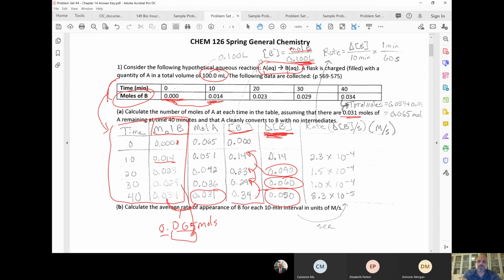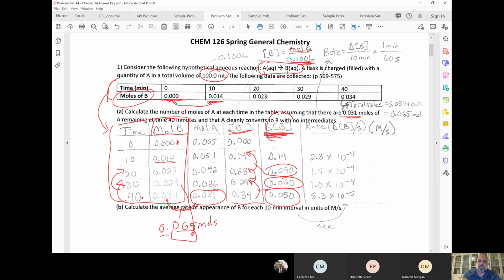Now that we have concentration, we can just do the calculation. We know that in between every single step, as we calculated before, we have a change of 10 minutes.